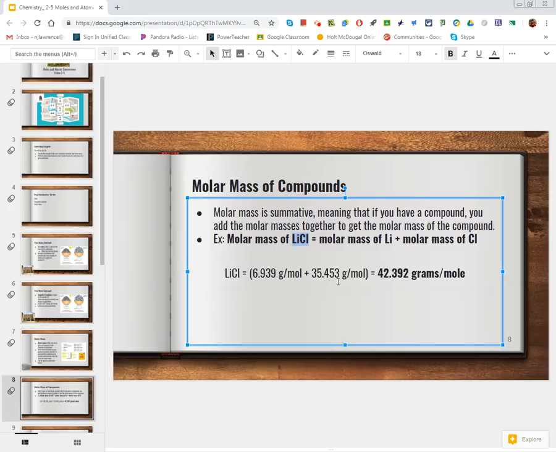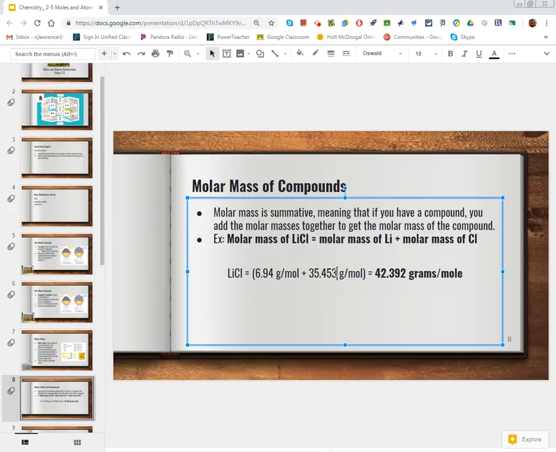Now, one thing for this class, to keep us all on the same page, we're going to cut these numbers down to 2 decimal places. So when you look at your periodic table and you see where it says 6.941 on our table and this one says 6.939, we're going to go ahead and cut that down to 6.94.